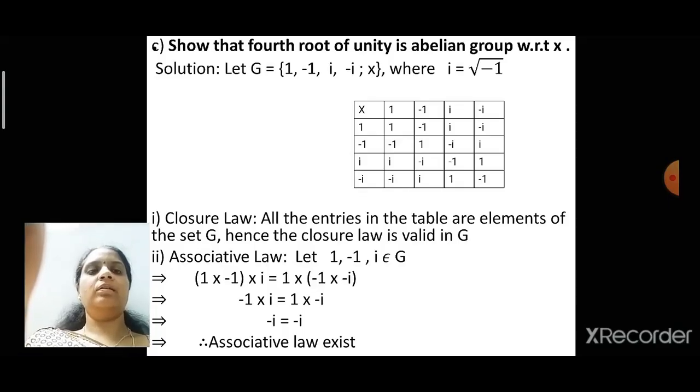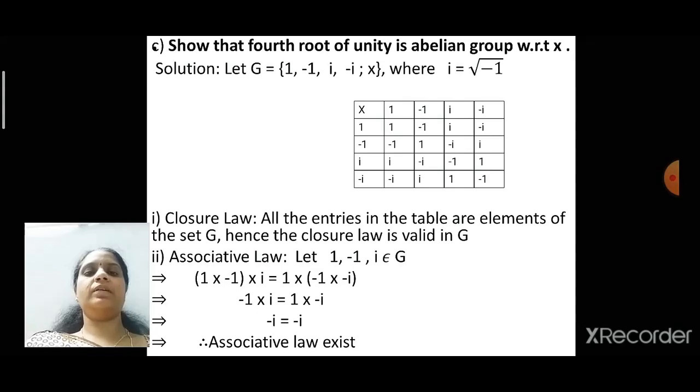Again, in the third row, the multiplication is minus 1 with 1, which is minus 1, minus 1 into minus 1 becomes 1, minus 1 into i becomes minus i, minus 1 into minus i becomes i. Similarly, for the fourth row and the fifth row, we can take the operations.